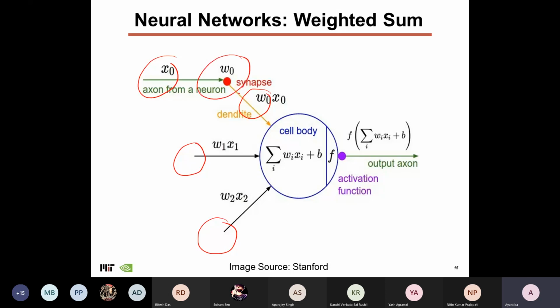So effectively, the input coming from that input node of that input layer is contributing as this W0 X0, the dot product of these two values: W0 X0, W1 X1, W2 X2, etc. And this cell body is doing the summation, the accumulation of that.